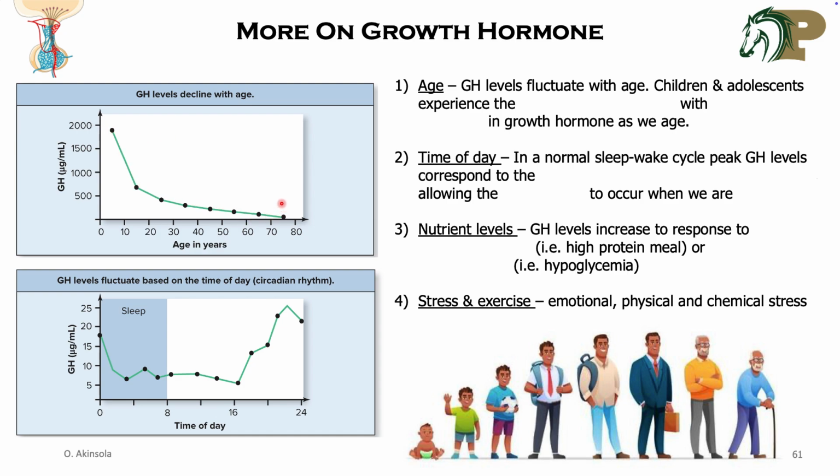This is responsible for the rapid decrease in growth hormone from birth to around 12 to 15 years of age, which corresponds to the rapid growth spurt that occurs in early life. Children and adolescents will experience the highest amounts of GH, with progressive decreases as we age.